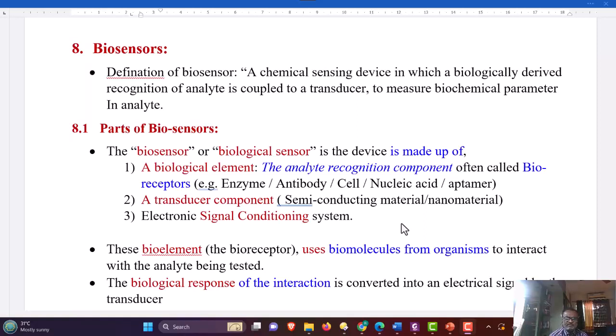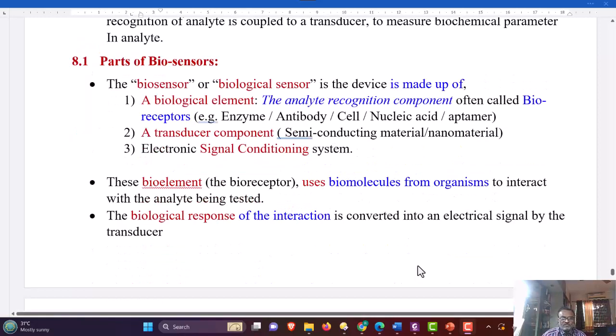The second part of the biosensor is the transducer component. Basically, it is a semiconductor material or nanomaterial component which will convert the response of the biological element into an electrical signal. This electrical signal can be connected to an electronic system that can condition it for display or recording purposes. The bioelements, also called bioreceptors, use biomolecules from organisms to interact with the analyte.